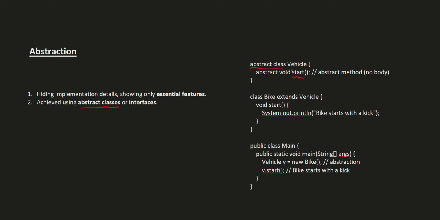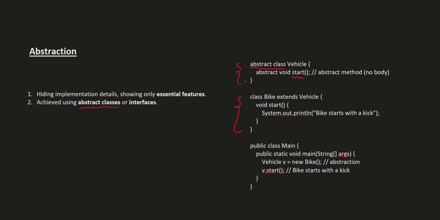It just says what the feature is. The actual implementation is present in the child class. So this abstraction is achieved via method overriding or inheritance.